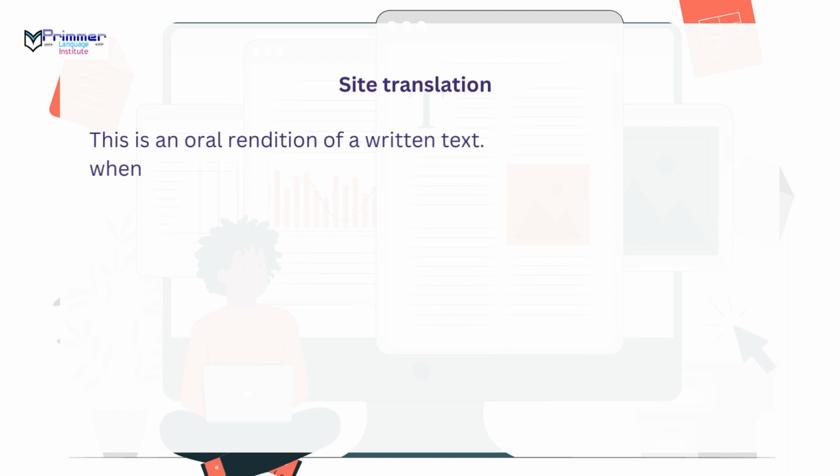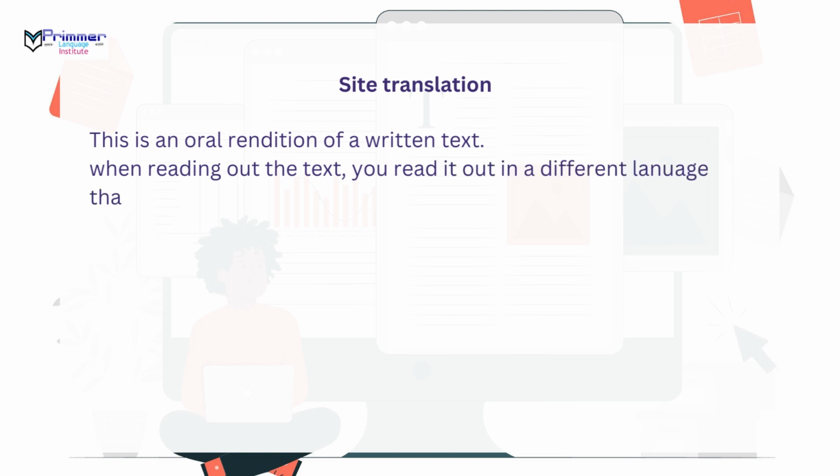You are given a text, you are reading it, and instead of reading it out in the language you are looking at, you are reading it out in the language that's in your head that you are about to say. So you are reading something, okay, "Bonjour, aujourd'hui, je veux parler de la situation au Sudan, beaucoup de gens meurent."